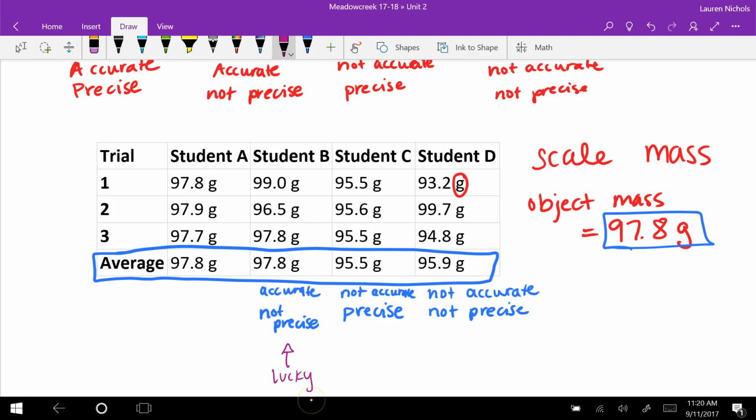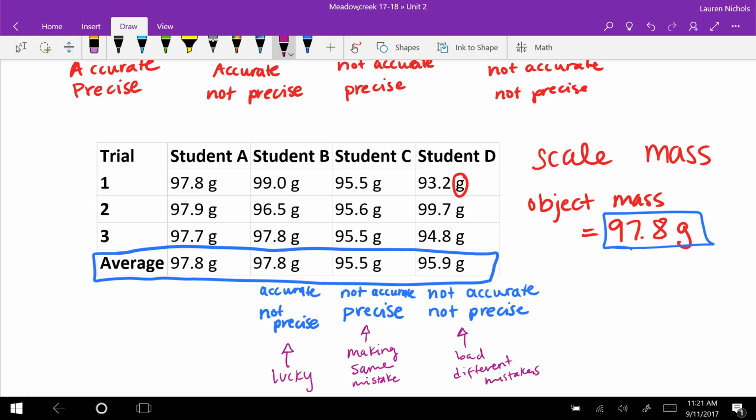They're making all kinds of different mistakes, but luckily for them, their average came out to be accurate. This person, student C, they are making the same mistake, which is why they can be precise, but they're not accurate. And this person is just bad. They're making different mistakes at different times.